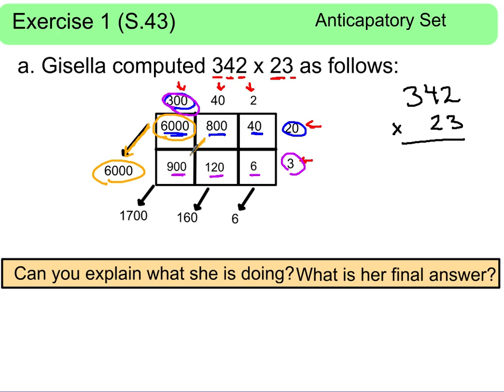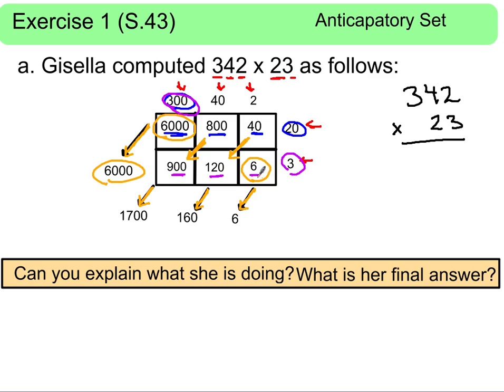She's then going to take this 800 plus this 900, and that's going to equal 1,700. This 40 plus this 120 is going to give her the 160, and then she's going to keep this last box that has no box up here to compare itself with, and keep the 6.